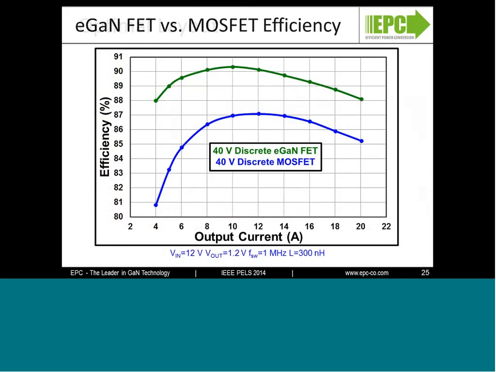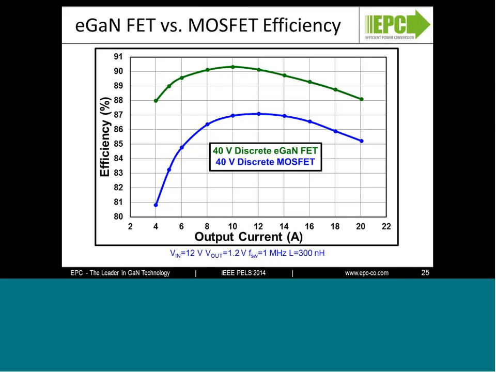So looking at how do we compare, how does an eGaN FET compare to a state-of-the-art MOSFET with regard to efficiency in a 1 megahertz, 12-volt to 1.2 volt point-of-load buck converter? Looking at apples to apples, a 40-volt discrete GaN device versus a 40-volt discrete MOSFET device, you can see we can offer significant performance advantages, almost 3% at full load and around 7% at light load.